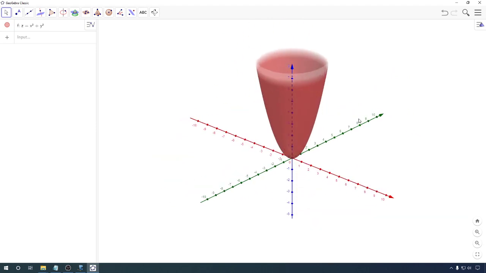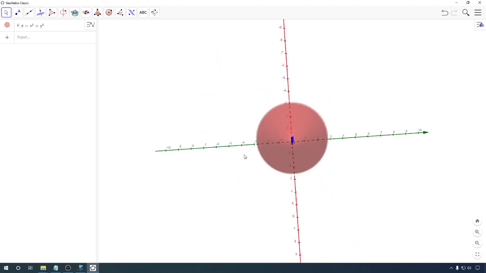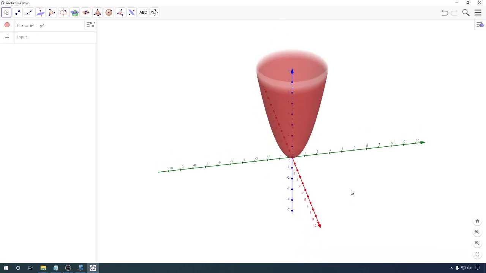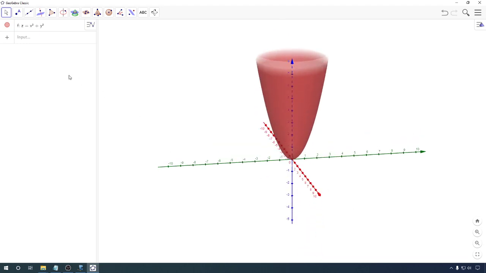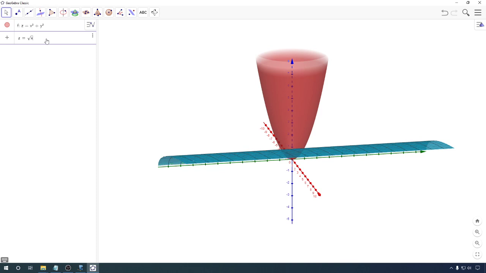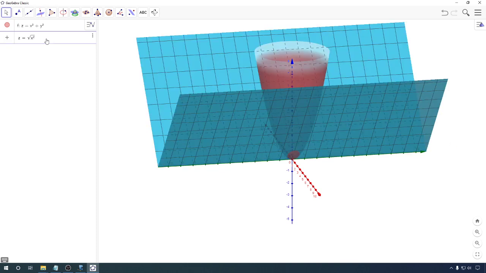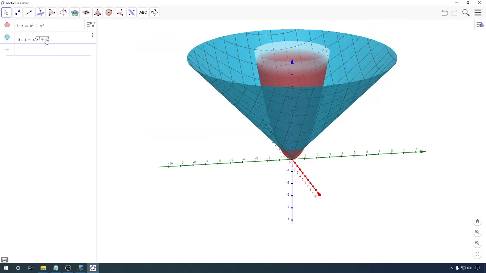You might remember that we called things like this elliptical paraboloids, but that's when our cross sections are actually ellipses and not just circles. If we just have circles, we usually just use the term paraboloid. If we look instead at the surface with the function square root of x squared plus y squared, we instead get a cone.